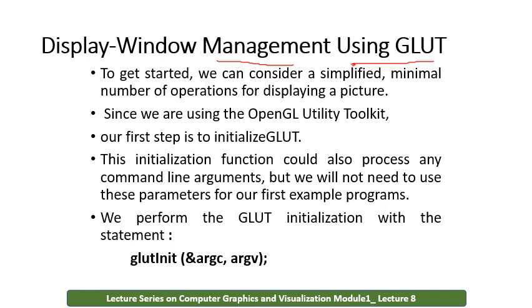Since here we are using the OpenGL Utility Toolkit, GLUT, the first step is to initialize GLUT. This initialization function processes any command line arguments, which can be used as parameters. We will not need these parameters for our first programs, but whenever you have command line arguments, they can also be handled.